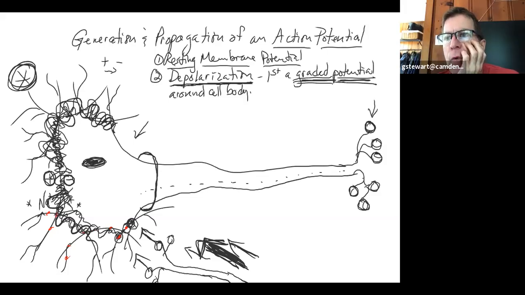If we stimulate it strongly enough, we get enough depolarization through graded potentials that it will reach this cell's threshold. And we've defined threshold as the point where this cell will fire its own action potential. And once that happens, we can't stop it. It's an all or none response.